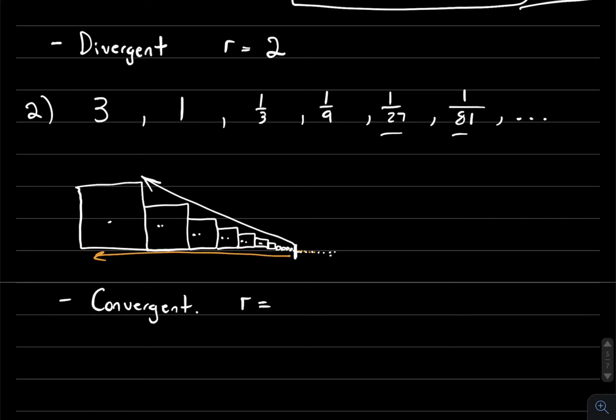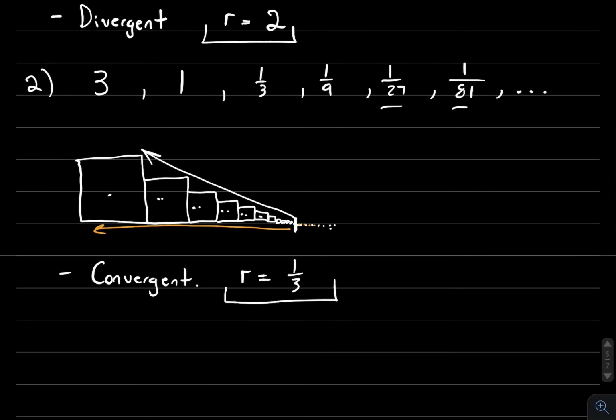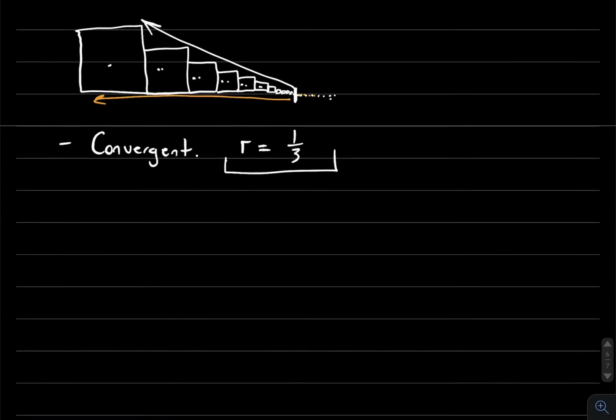And let's look at what the value of r here is. Our r here is 1 over 3. Okay? So in our previous one, we had an r that's equal to 2. In this one, we have an r that's equal to 1 over 3. Okay, so there should be a pattern here.